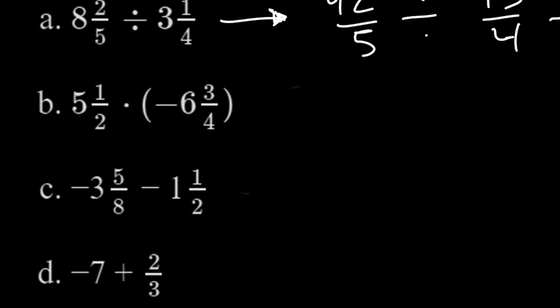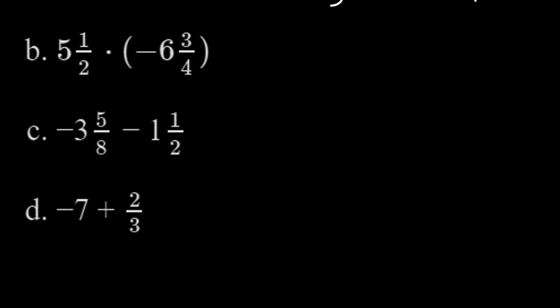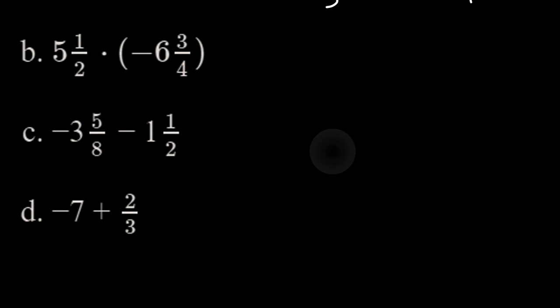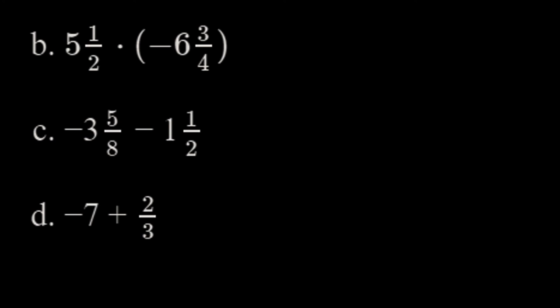Let's take a look at part B. So we're going to multiply these two fractions. I can see one of them is negative, so my product will be negative. And I'm going to do the same thing and write them as improper fractions. So 5 1/2, I'm going to call 11 halves, which is 5 times 2 is 10 plus 1 is 11 halves.